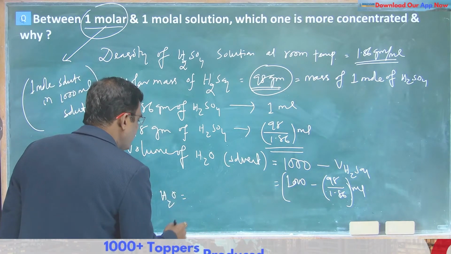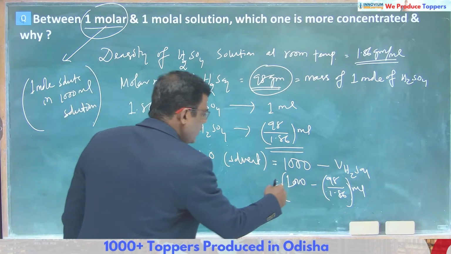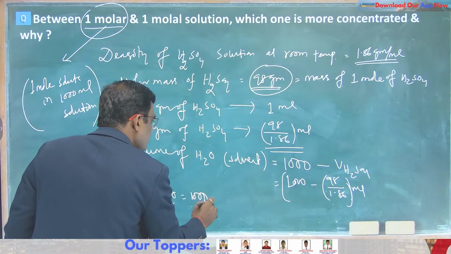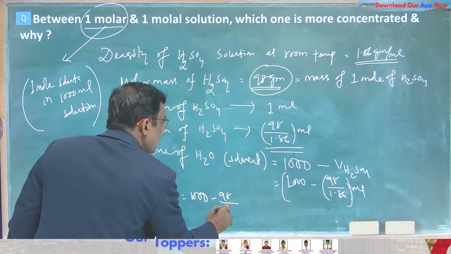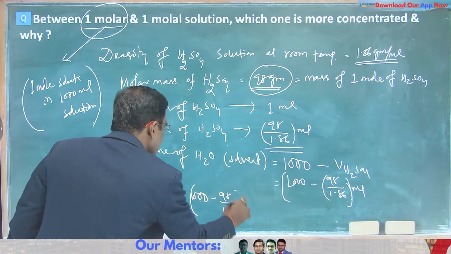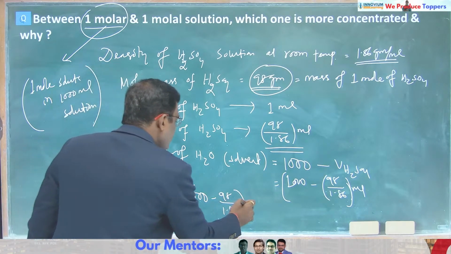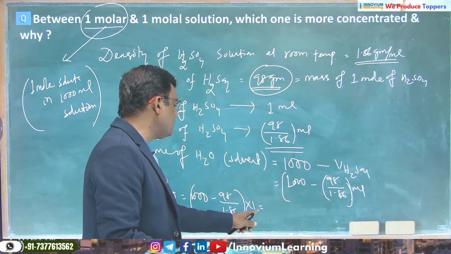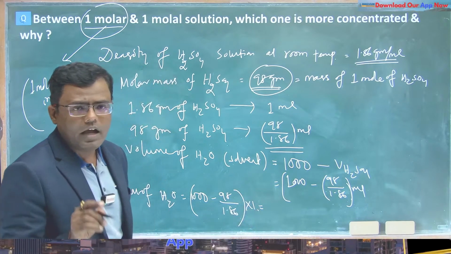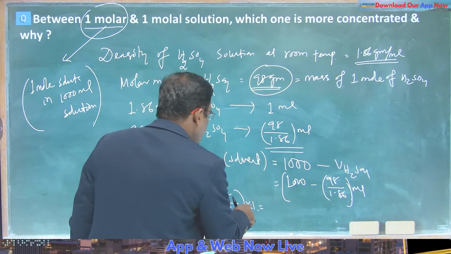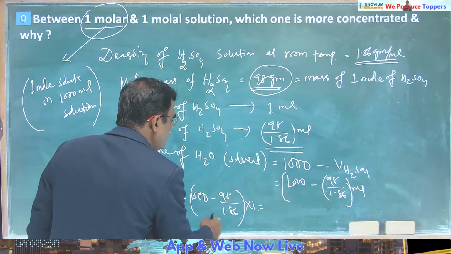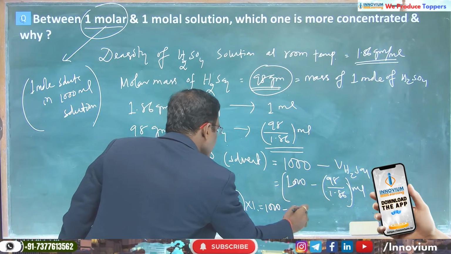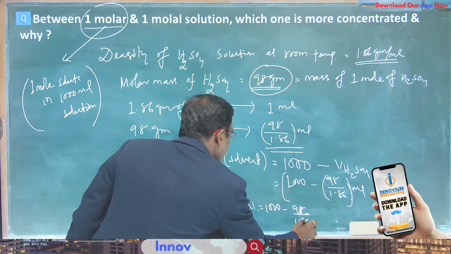So mass of water is volume of water multiplied with density of water. If this is the volume of water, 1000 minus 98 by 1.86, multiplied with 1, because the density of water is 1 gram per ml at room temperature. So volume multiplied with density gives you the mass of water. So this is 1000 minus 98 by 1.86.